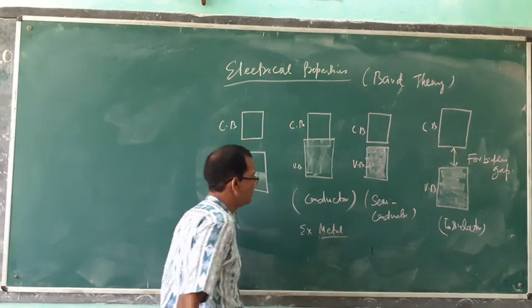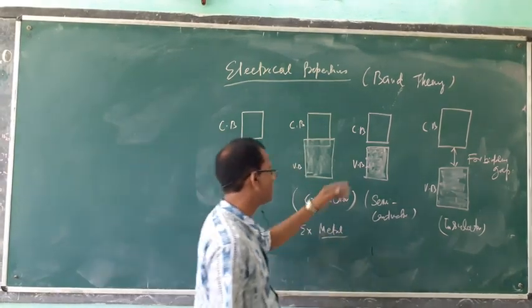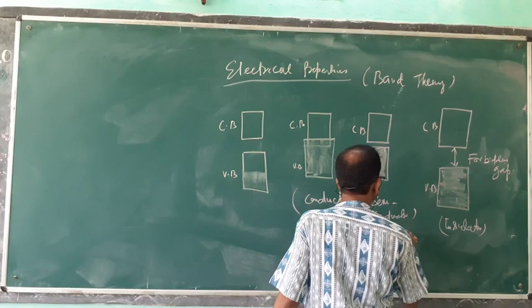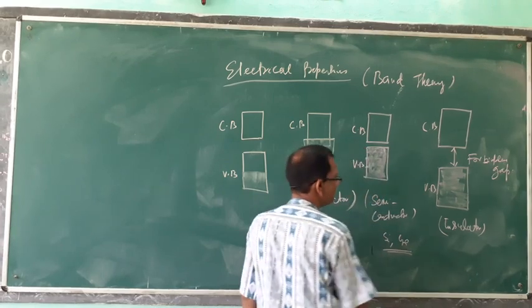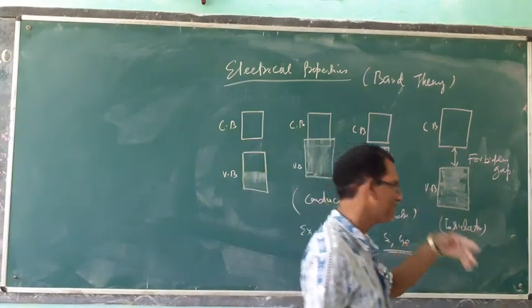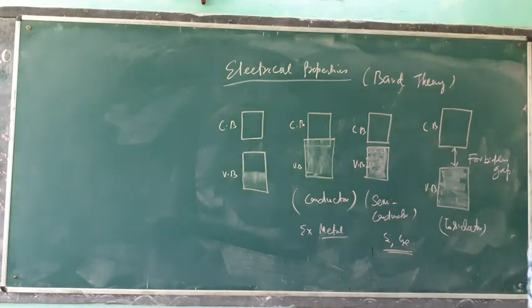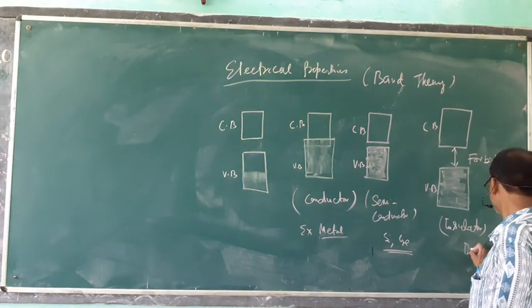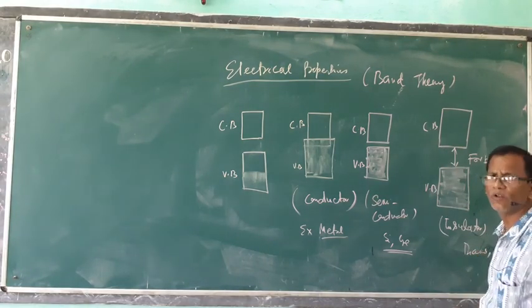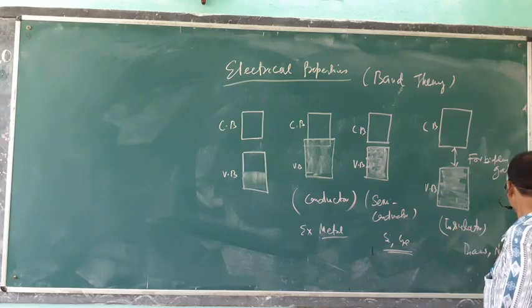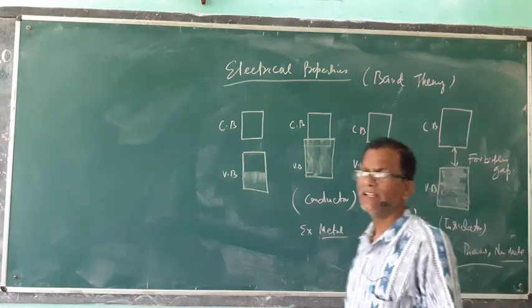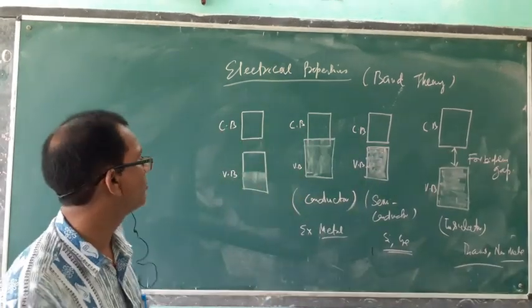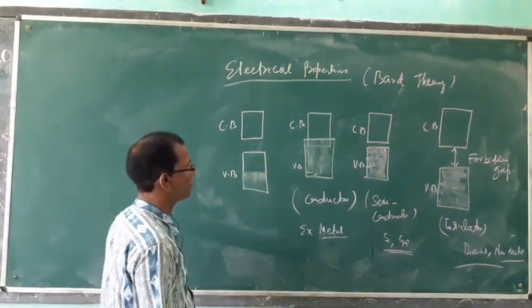Semiconductors are silicon and germanium. Insulators are bad conductors, like diamond and non-metals. So this is about your electrical properties.